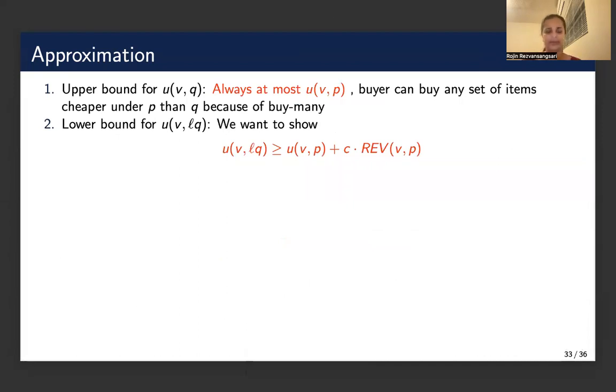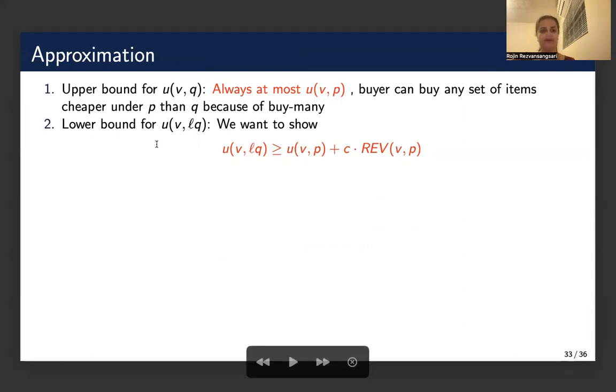So we need to do two things. We need to find an upper bound for u(v, Q) and a lower bound for u(v, LQ). First of all, note that u(v, Q) is always upper bounded by u(v, P). This is because for any set of items that we consider, it is cheaper to buy them under P than under Q, because of the definition of buy-many.